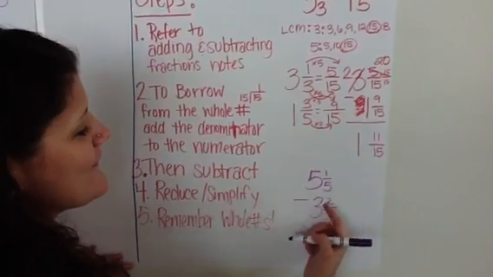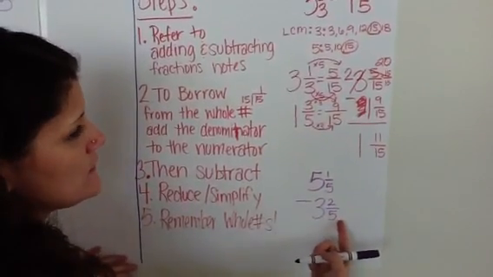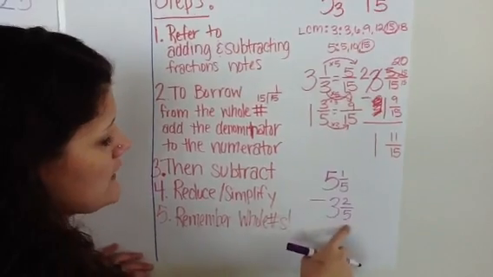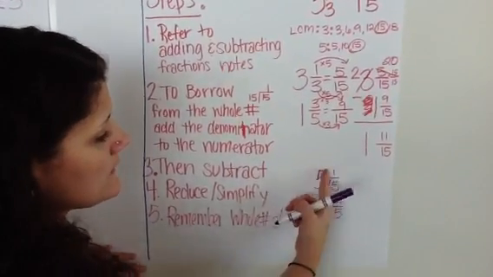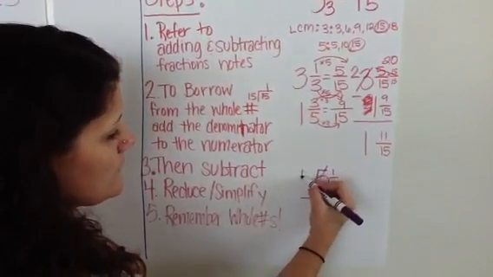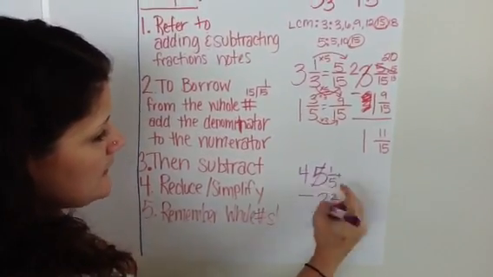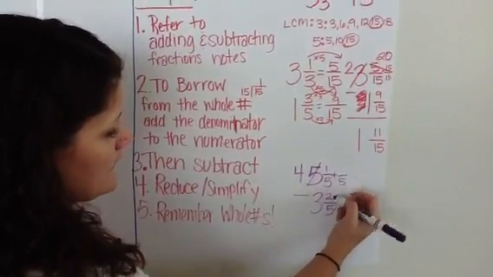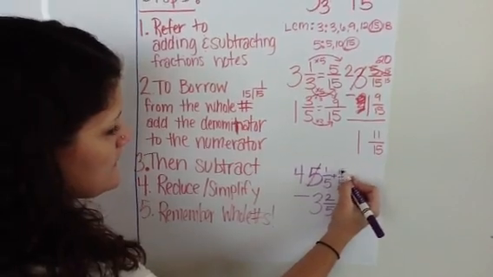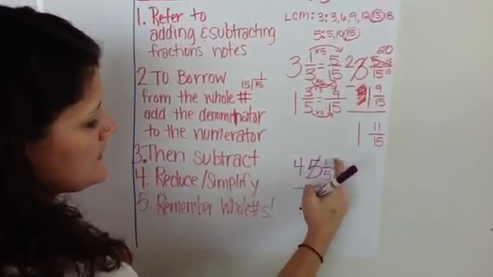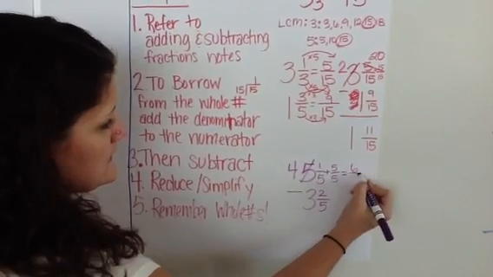Yes, I am. But we can't do 1 minus 2. So we get to skip that whole step of finding equivalent fractions, and we can just borrow here. So I'm going to cross out the 5 and change it to a 4. And then I'm going to add, looking at my denominator, I know I'm going to add 5, and I'm just going to match it to the top. So that's 5/5. So 1/5 plus 5/5 is equal to 6/5.